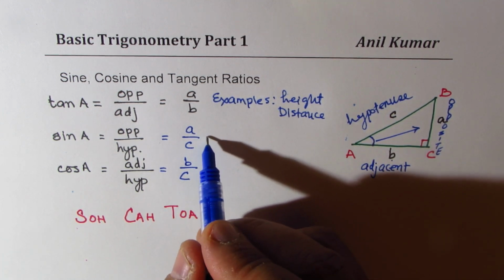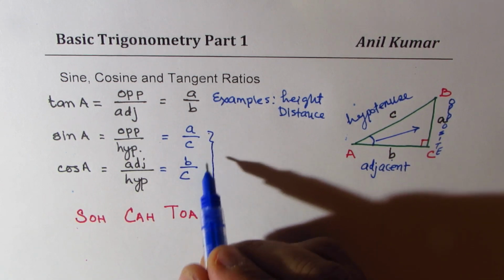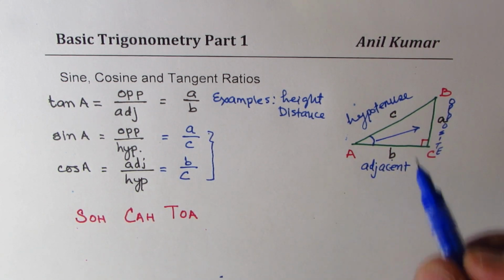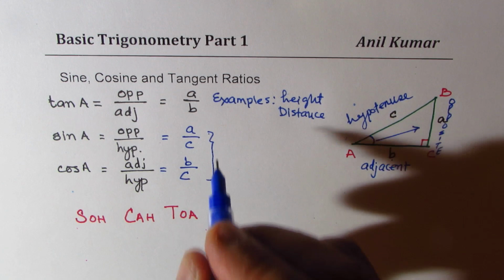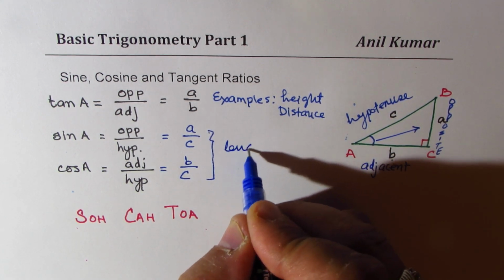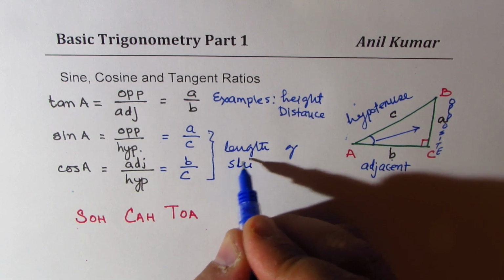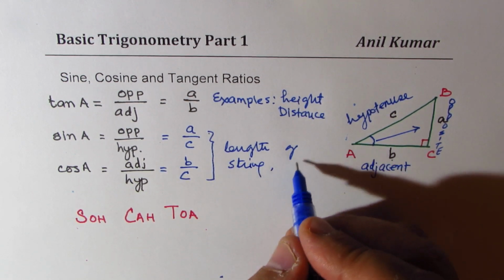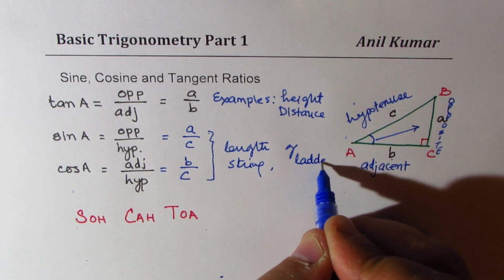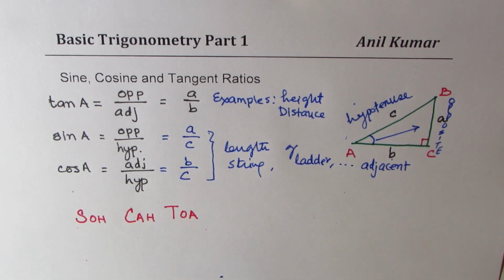Now here, these examples could be a wide variety, where we are interested in the hypotenuse, could be the length of a string, for example, in case of a kite, or a ladder, for example, etc. Right? So those are the practical situations where we are soon going to apply our learning.